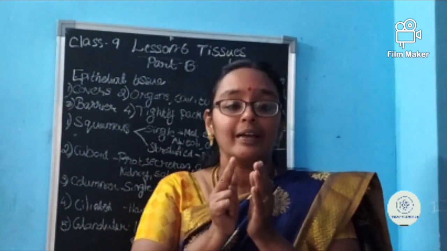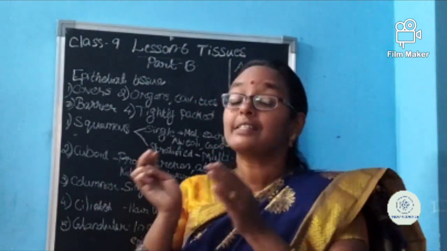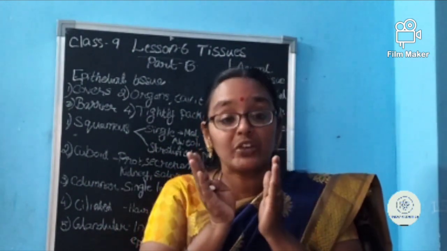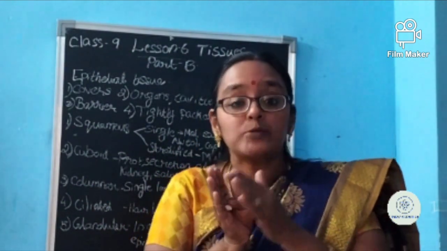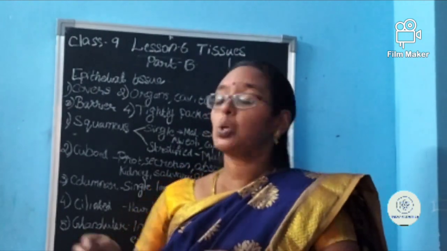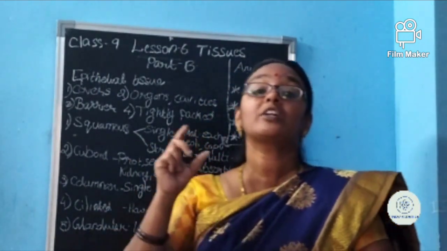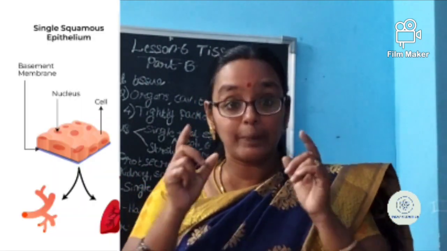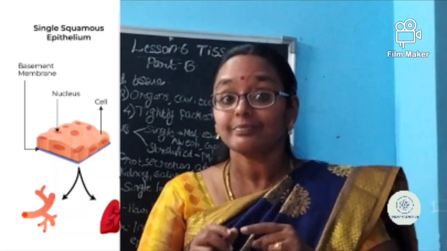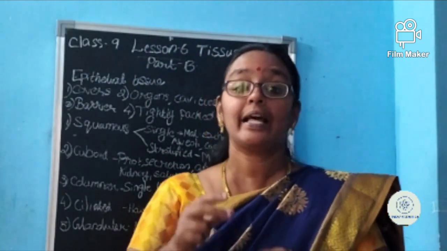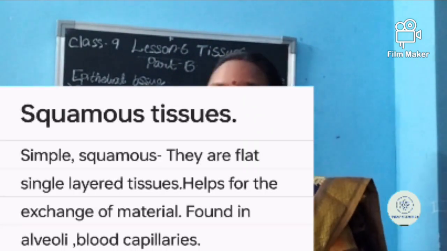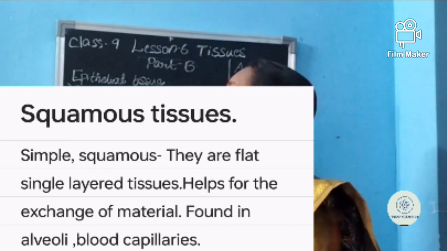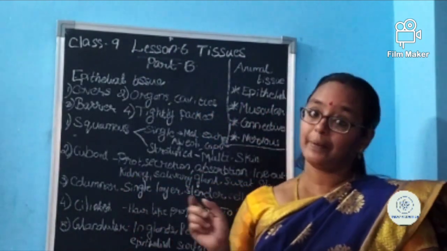In the alveoli, the single-celled layer gives protection and also helps in the exchange of materials. So simple squamous tissue is found in alveoli and also in the blood capillaries. In the blood capillaries, the exchange of oxygen, carbon dioxide and many other nutrients takes place. There also the simple squamous tissue can be found.